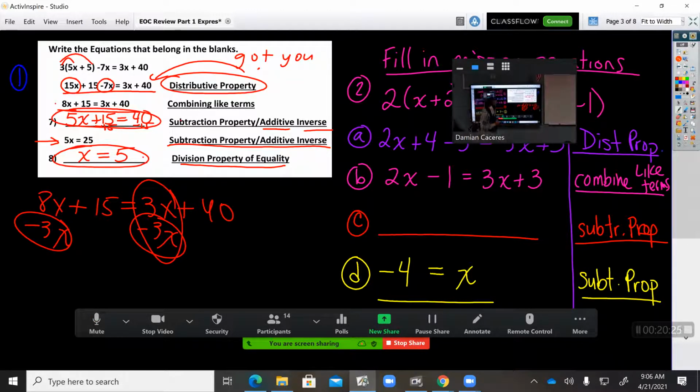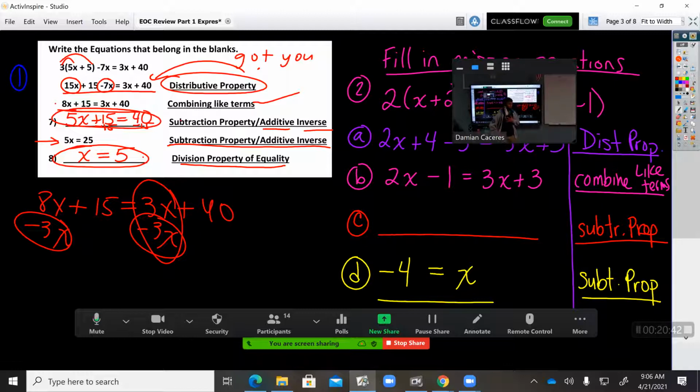Yes? Yes, they can give you the second one and not the first one. But if they do give you the second one, then you start off by combining like terms, right?